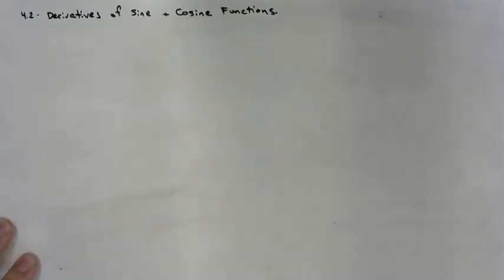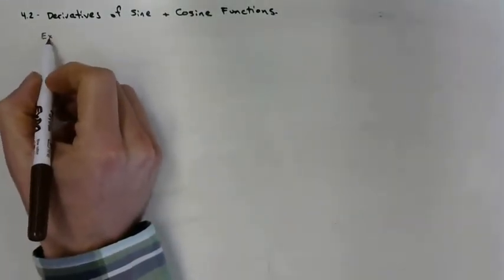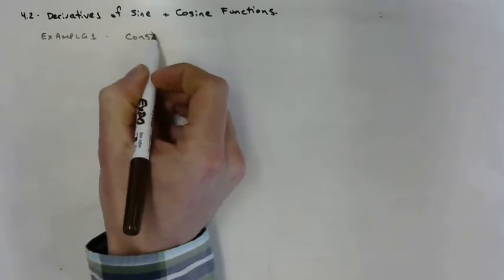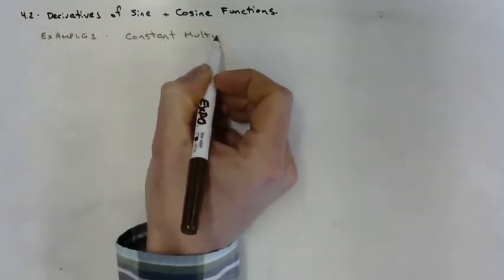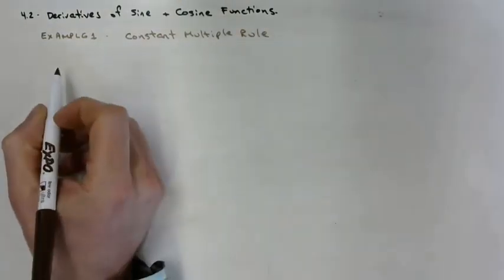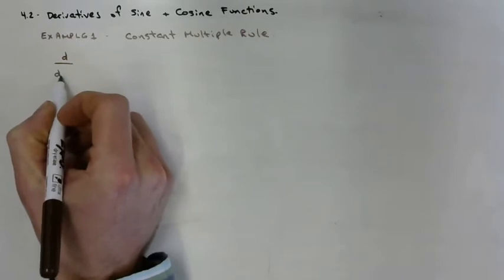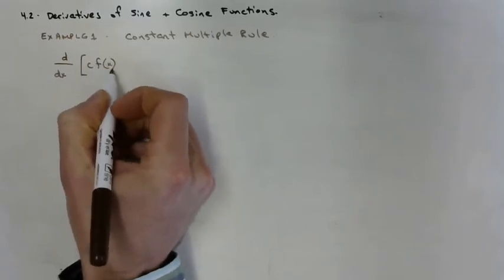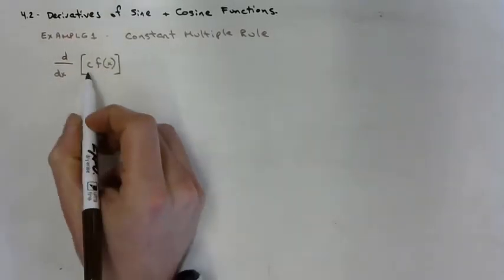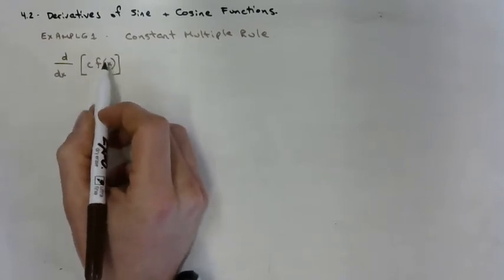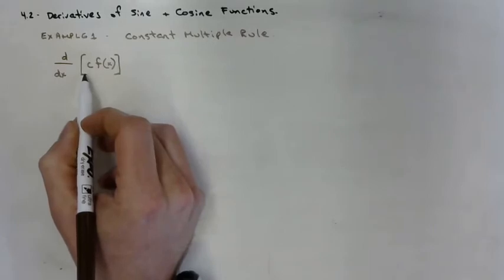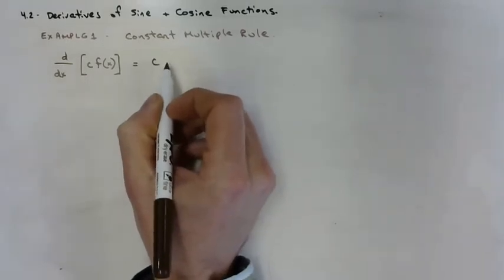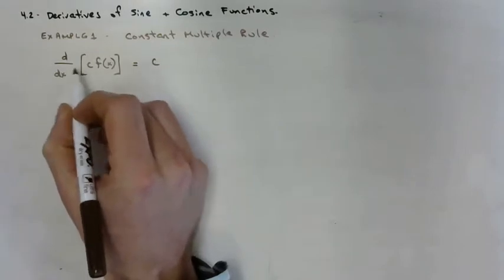So, for example 1, we're dealing with the constant multiple rule, which states that the derivative of any function that has a constant multiple out in front of it, so any polynomial or any rational function that is multiplied by a constant, to find the derivative of that, you can just put the constant out in front.